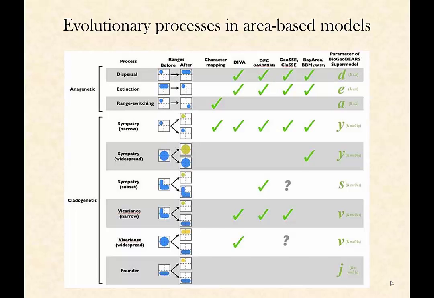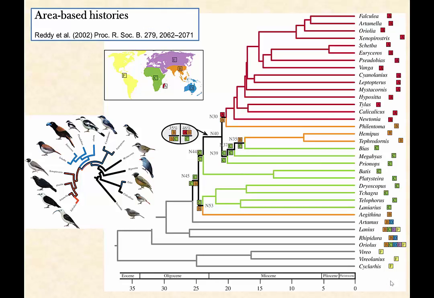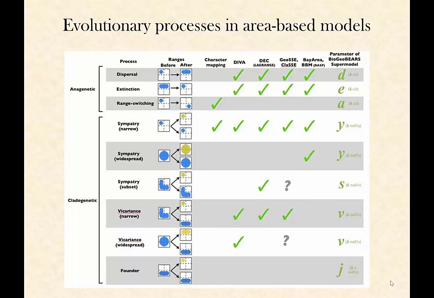Founder effects, long distance dispersal. They build up various parameters of these complex statistical models, which frankly are beyond me. I understand the basics of how they work, but the mathematics of it is not my area. So they build these complex models and run them across these areas to try and find the most likely history in relation to those areas.